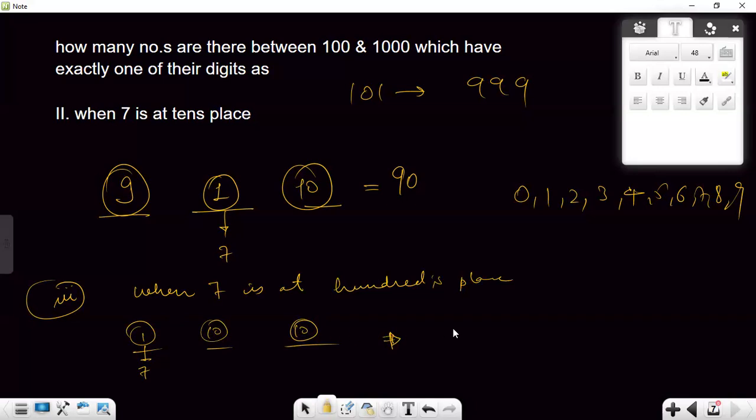So 1 into 10 into 10, 100 such numbers are there having 7 at the 100th place. So basically from 700 to 799, these are the 100 numbers having 7 at the 100th place. Clear? Crystal clear, everyone?